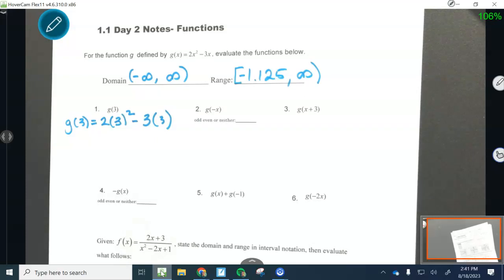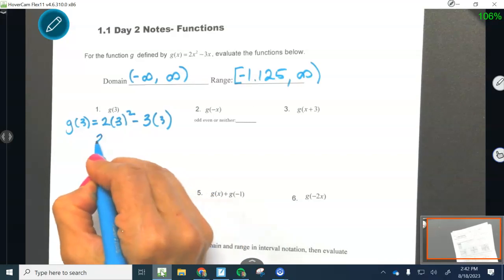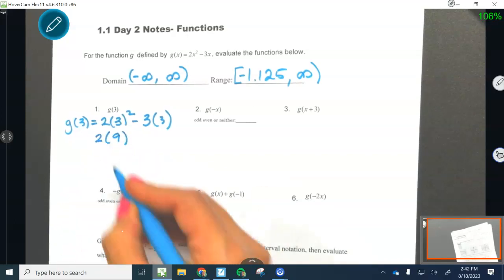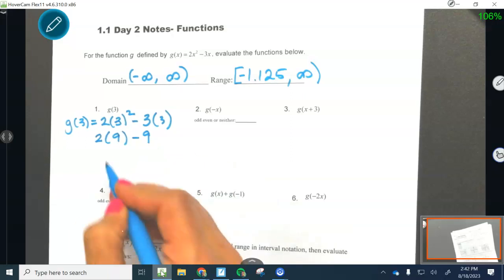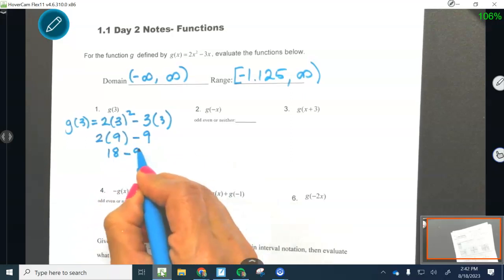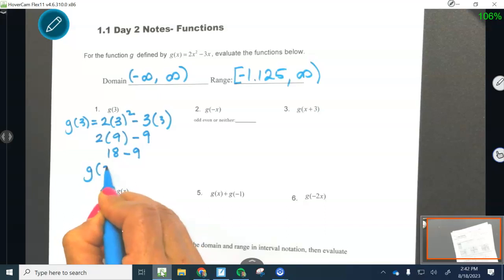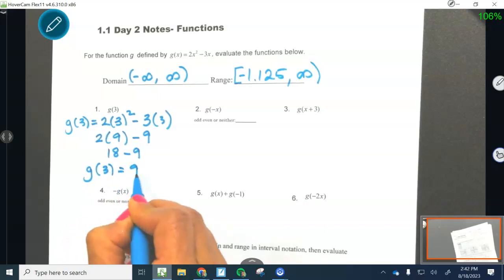Don't do 2 times 3. No. You've got to get rid of your exponent first. So this is actually going to be 2 times 9. And then, of course, a negative 3 times the positive 3 is a negative 9. So the answer is just going to be 18 minus 9, which is 9.